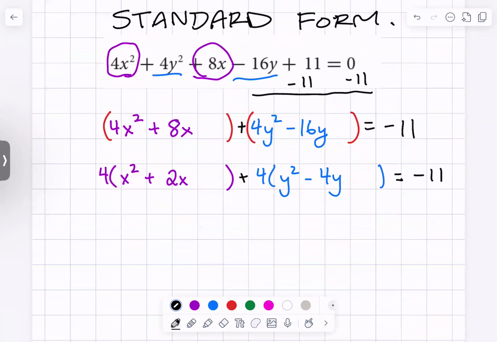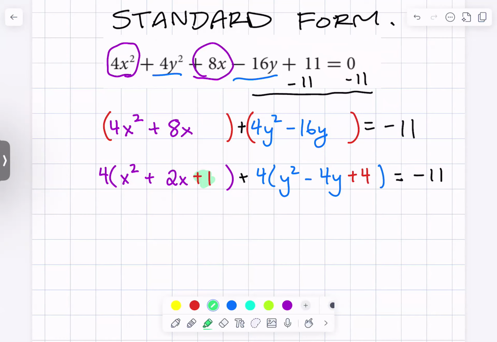If you go through the completing the square process, I'm going to add 1 here, and I'm going to add 4 here. Now, if I add 1, let's take this 1 for example, what's the total value that I added to the left-hand side? 4.